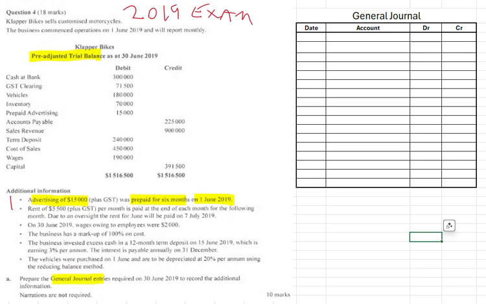We've got to do a GJ entry at the end of June to reflect the consumption of part of that prepayment. So in terms of the maths, we need to find our prepayment, 15k. We're going to divide that by 6 since it was a 6-month payment and we're trying to work out 1 month. So 15k divided by 6, that's 3,000.